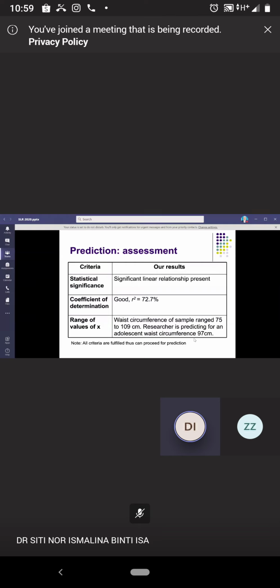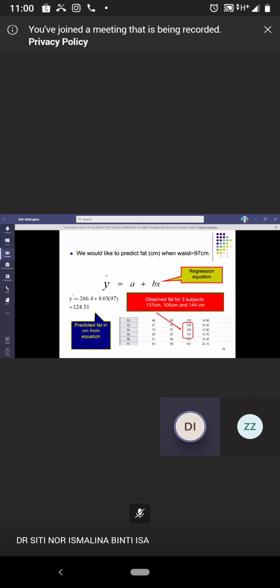So, for example, here we want to predict for an adolescent with a waist circumference of 97 centimeter. What is the y value if the x value is 97 centimeter? We just put the 97 centimeter into the equation for x, the waist circumference, and then you will get the predicted y.